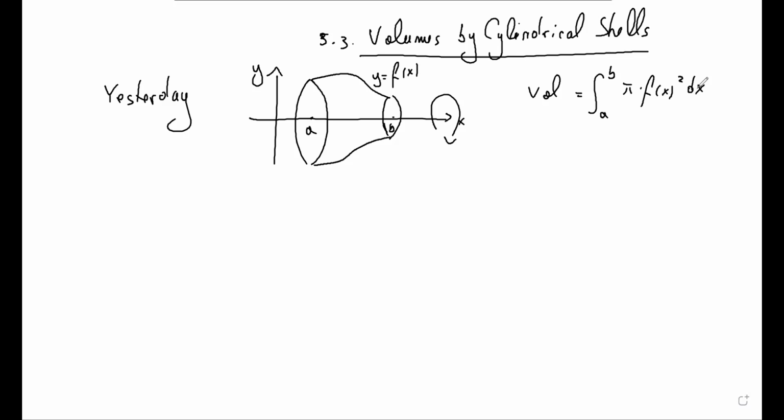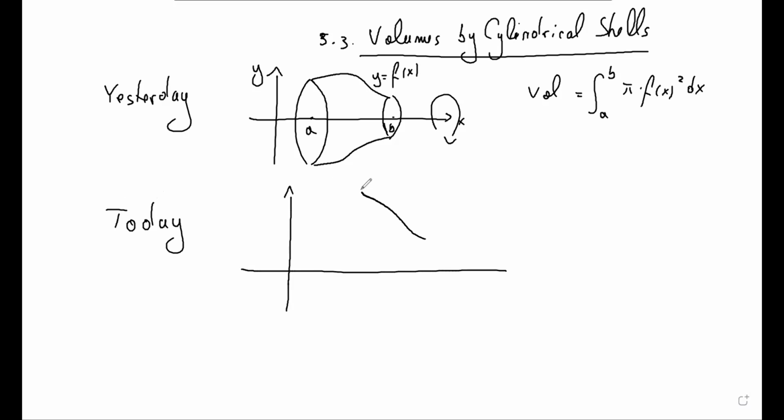All right, so that was yesterday. Today I'm going to take the exact same situation, but look here today, folks. We're going to take something like that. This is a function from a to b, and I am going to spin this above the y-axis.